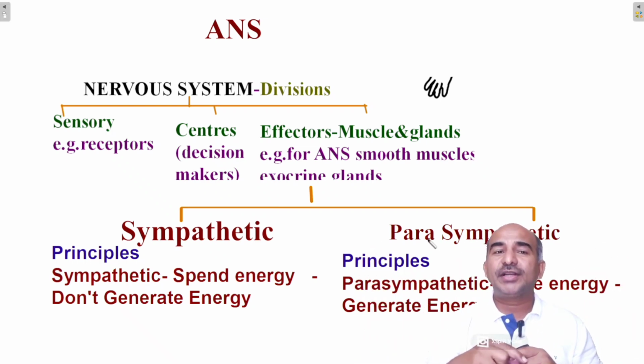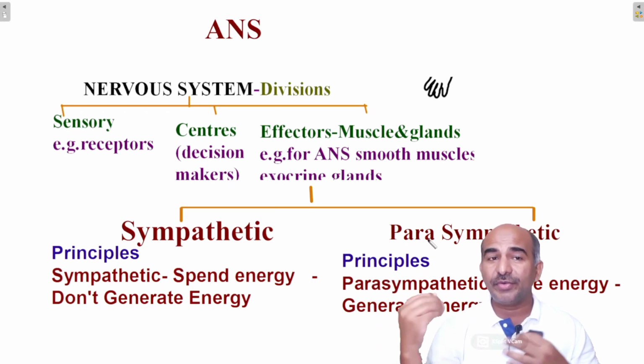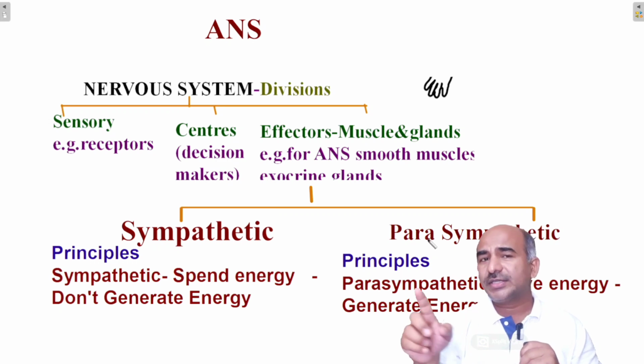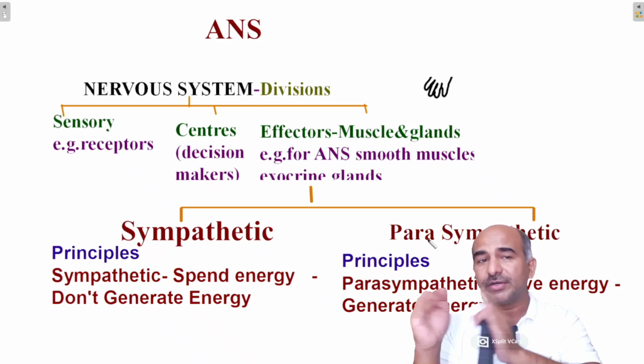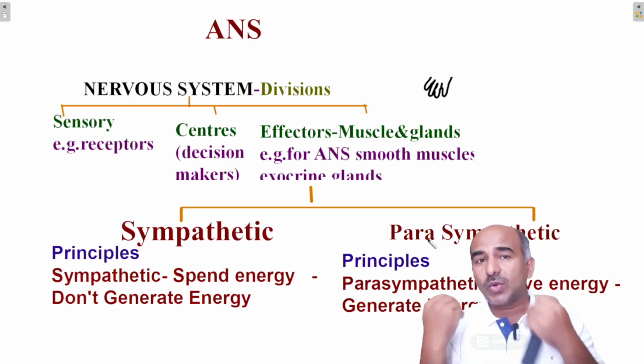So parasympathetic generates energy. So activity of the glands which support GI activity and GI movement, everything will be increased. And second, if it does not spend energy, every other activity will be decreased. Consciousness will be decreased, the person will faint, become unconscious, fall down, and the skin becomes cold.